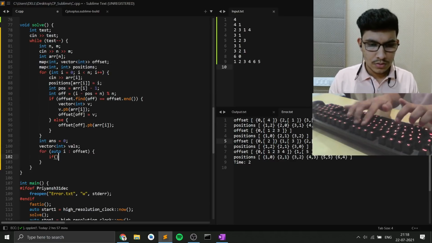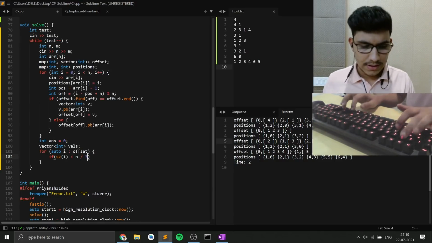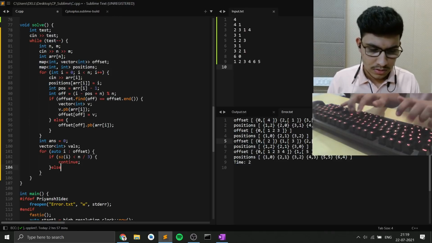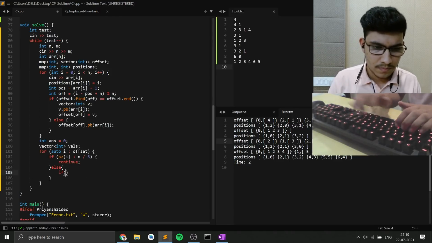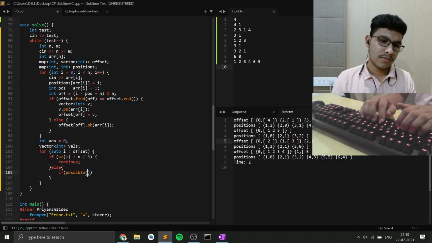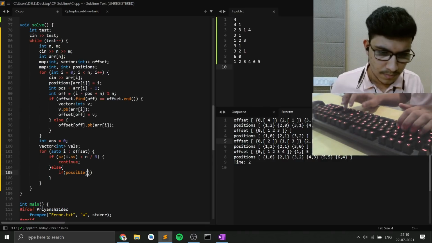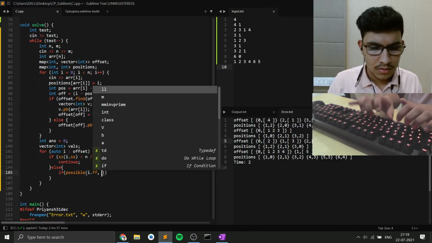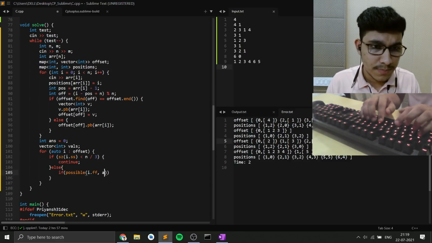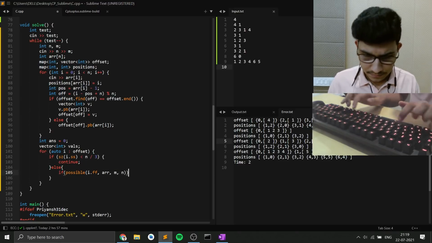Right. So if the size of i is less than n by 3, then I really can't do anything here, so I will have to continue. So this should be i.second, and this will be the offset here, i.first, and I'll just pass in the array here, and I'll also pass m and n.